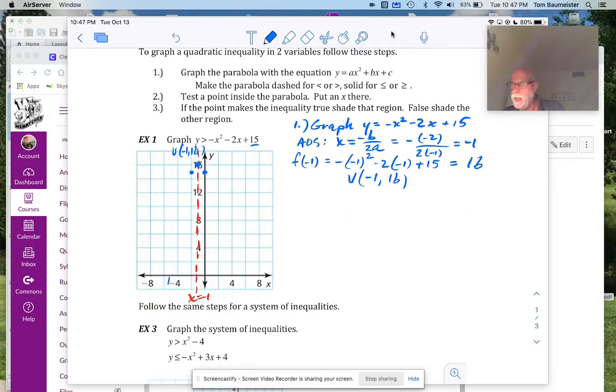And we know that it is going to be dashed, because of the greater than there. If it was equal to, it would be solid.